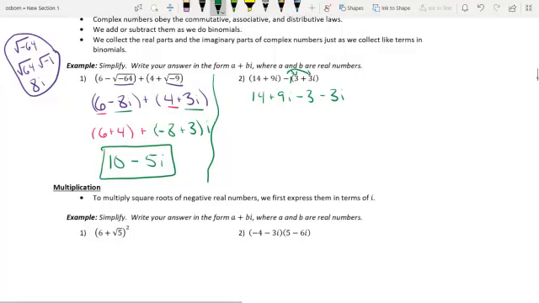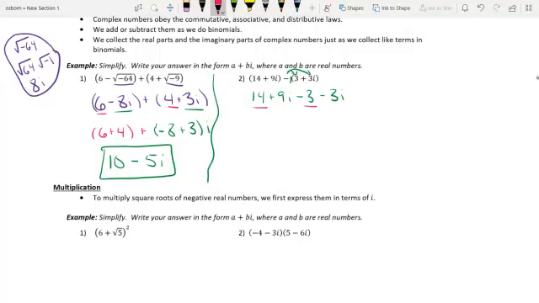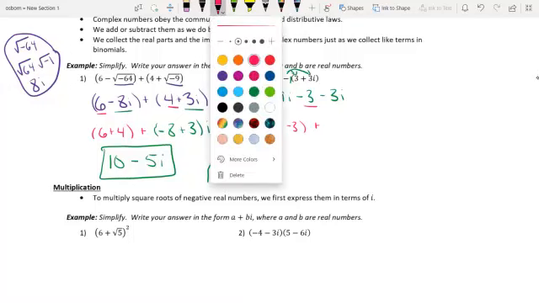Once again, you're going to combine your like terms. So I'm going to group my real parts together. That would be the 14 and the -3. So I've got 14 plus a -3. Plus, now I'm going to take the imaginary part and group that together.